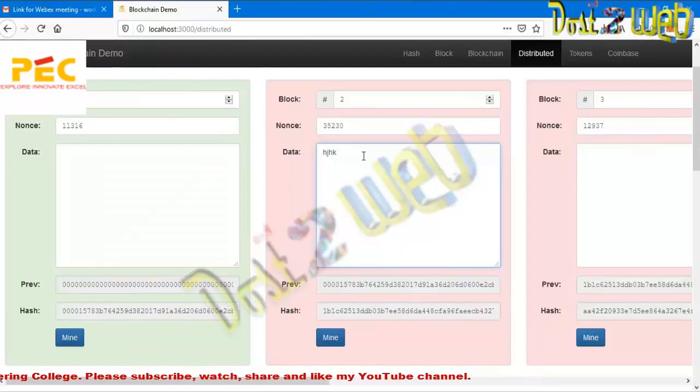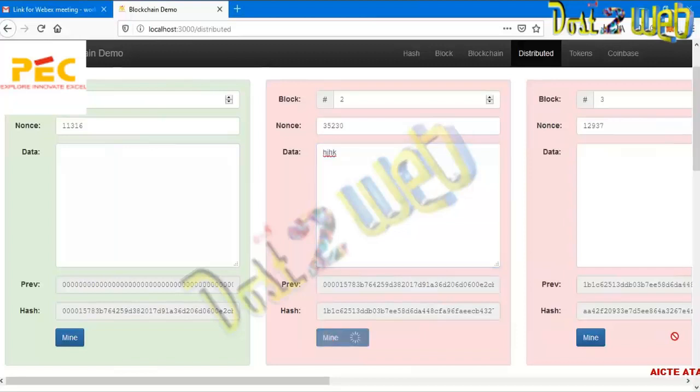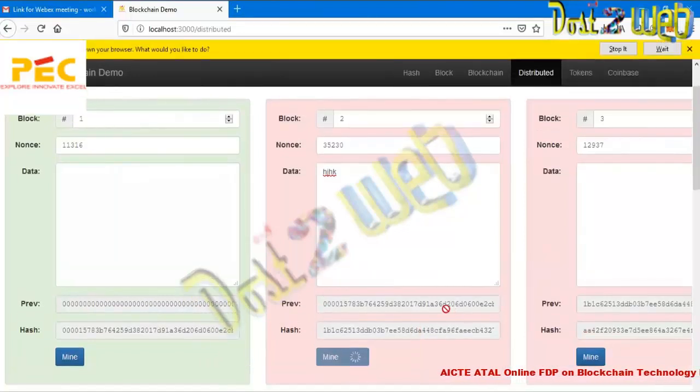Thank you. So, in order to hide this malicious activity, the change peer A has done in this block, he mined this block. But this will not be sufficient for him, right? As soon as he re-mines this block, the problem still persists because the successor blocks will not contain the previous hash of this block. So what is the solution?